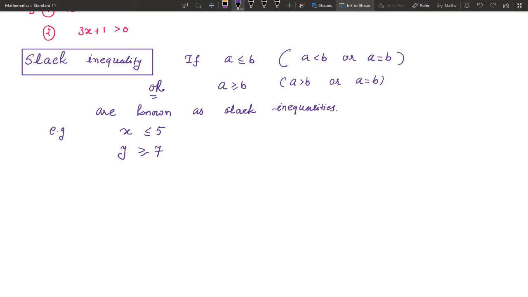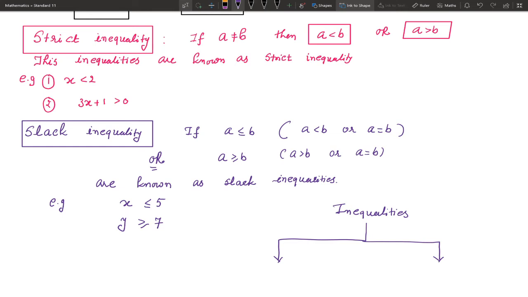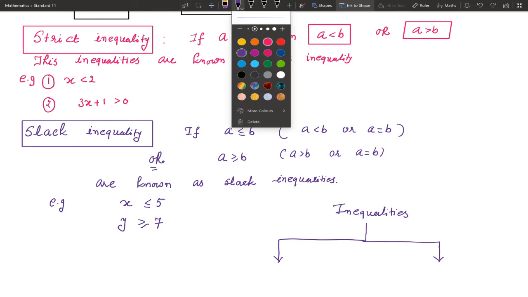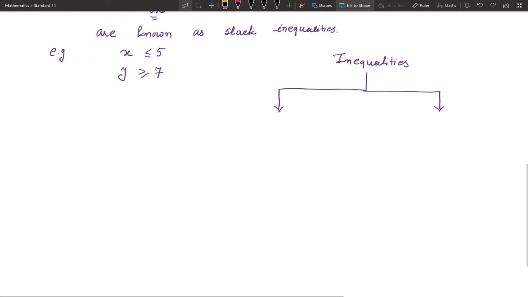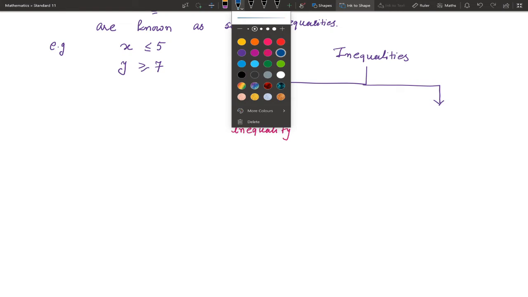So there are two types of inequalities. One is strict inequality, and another one is slack inequality.